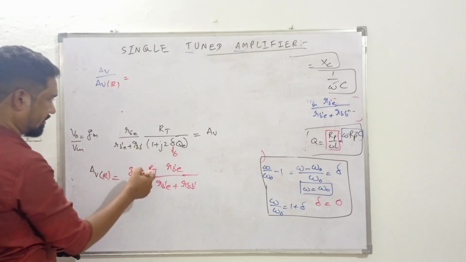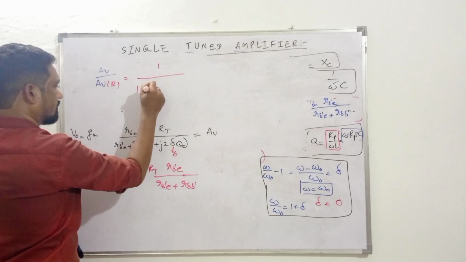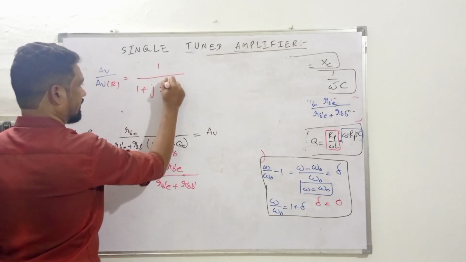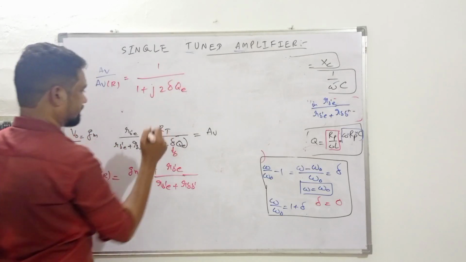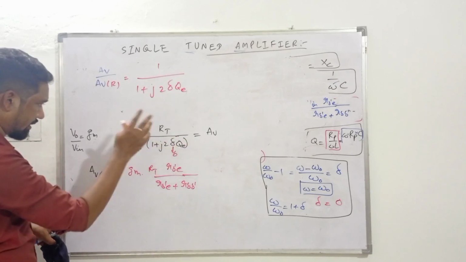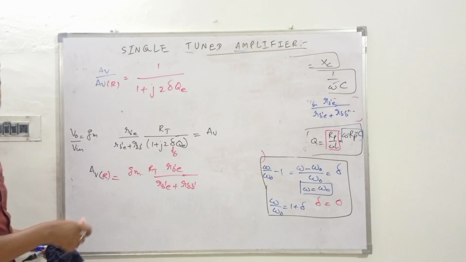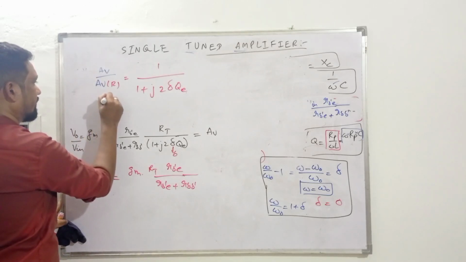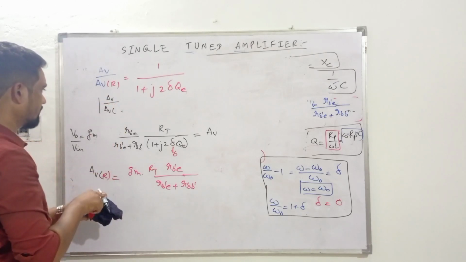So finally what will be left over is 1 upon 1 plus j 2 times del Q effective, right? So this exists in general, and at resonance this will be 0, so the reduction will be this one.